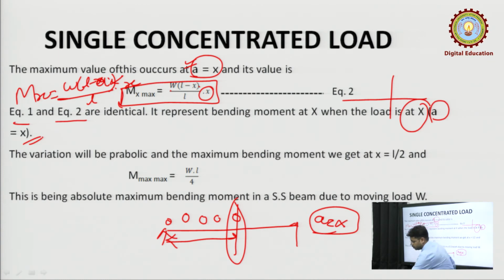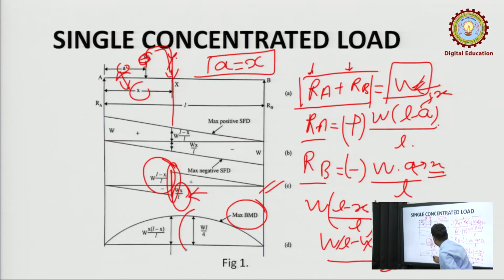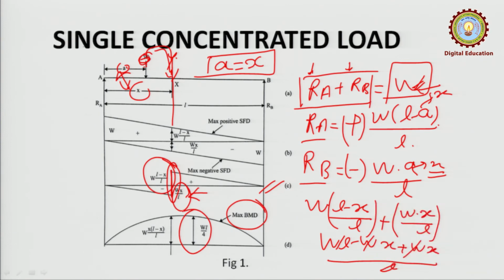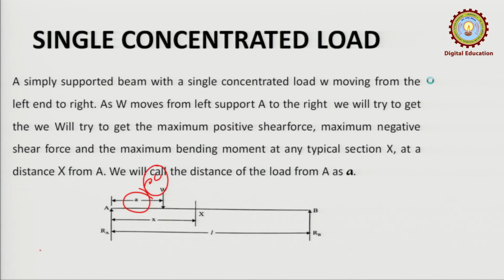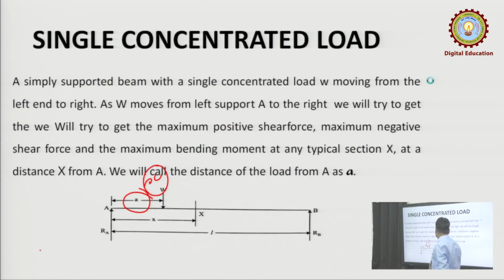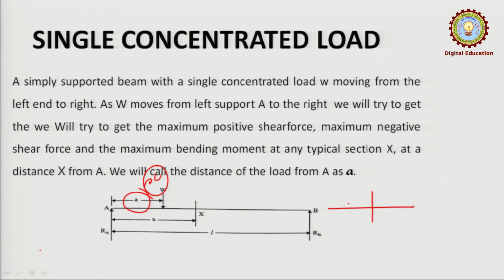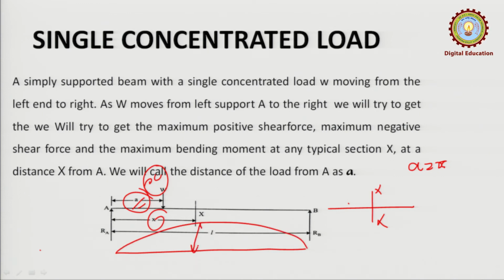That means when your load is at the section on the x-axis where a is equal to x, in that case the maximum bending moment occurs at that section.